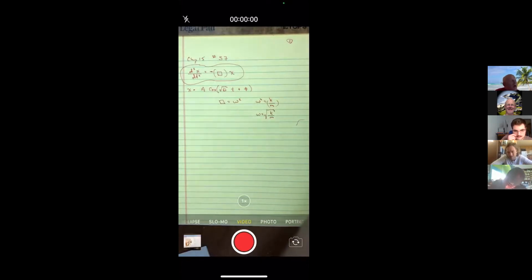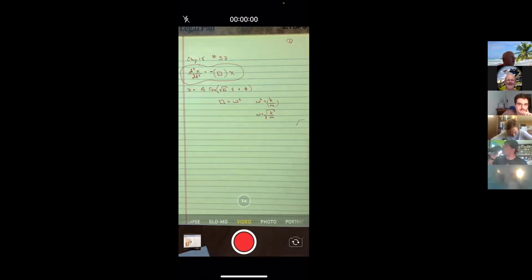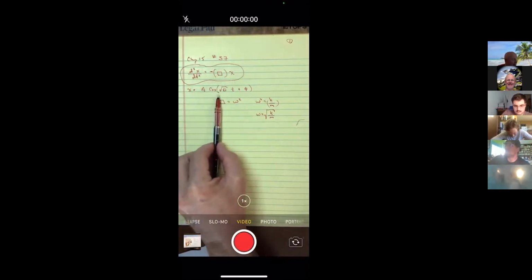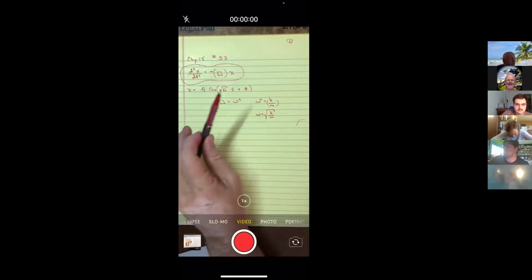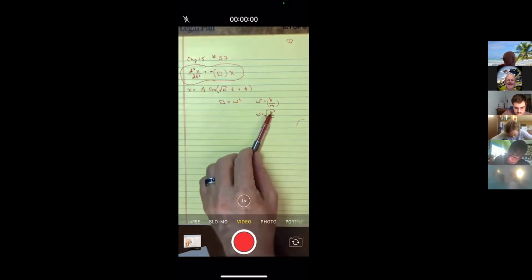But some of these harder problems, like 57 and 63 and the next one, is that 67? Those are harder problems. 55. All of these fit in that same category, where I'm going to write out the forces or the torques and come up with an equation like this, and that's how I'm going to find the omega.